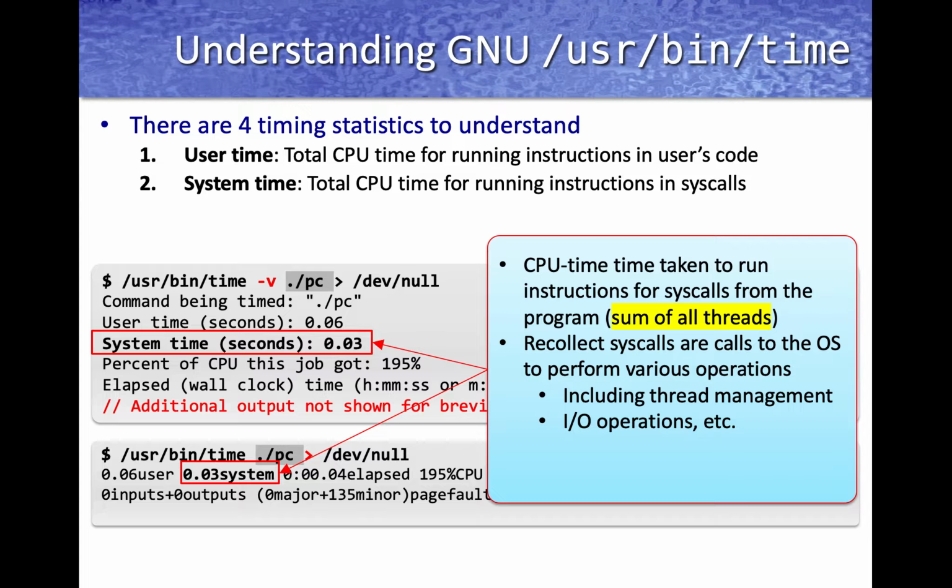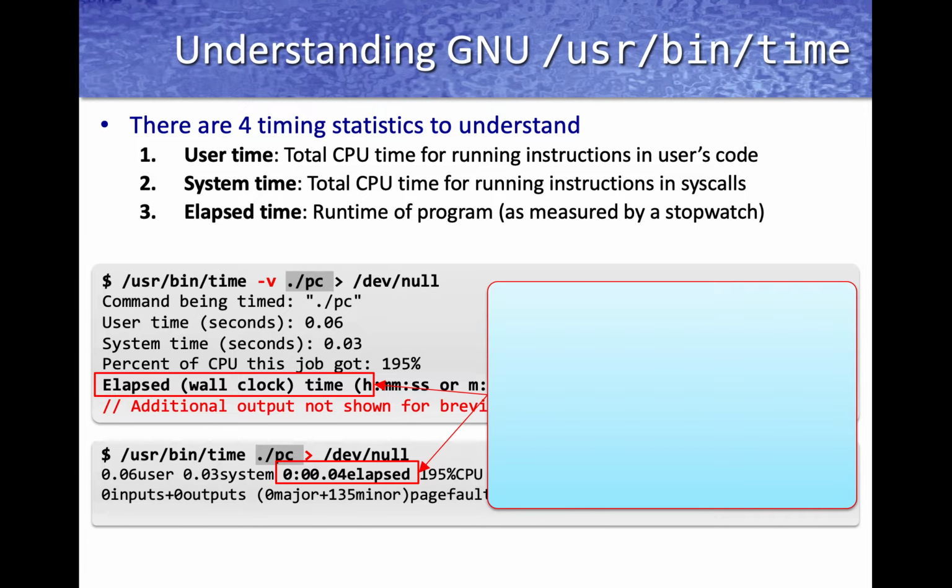Any input-output operations that are performed by the program or threads are also done by the operating system, and these instructions are all accounted under the system time that is reported by /usr/bin/time. And of course, similar to user time, this value is also only mildly influenced by other running processes, because the instructions that are executed by a program are not dependent on other programs or processes that are running on the system.